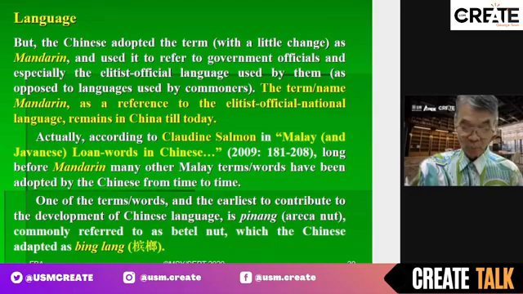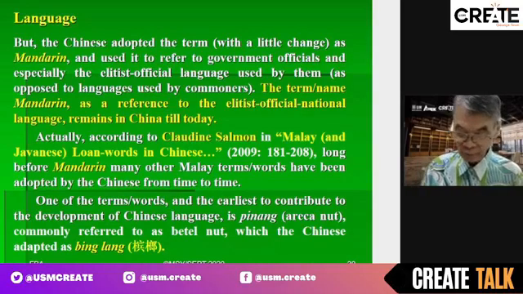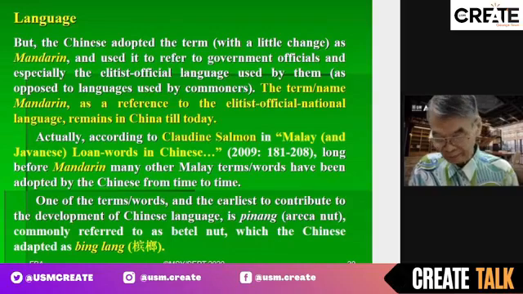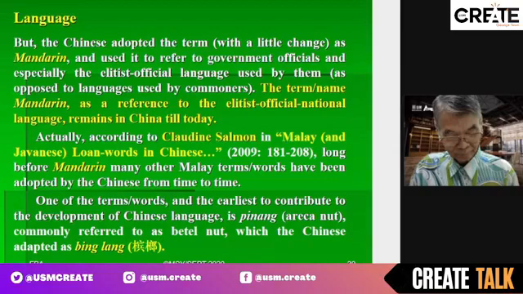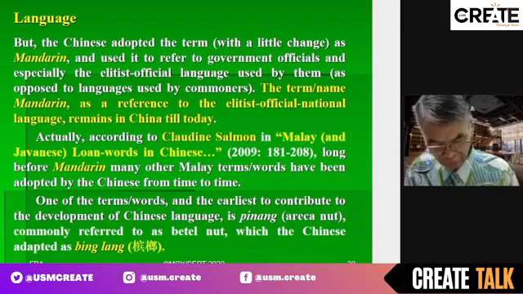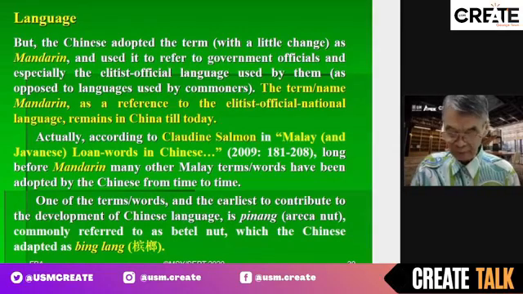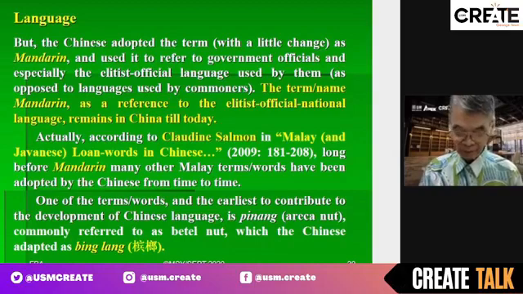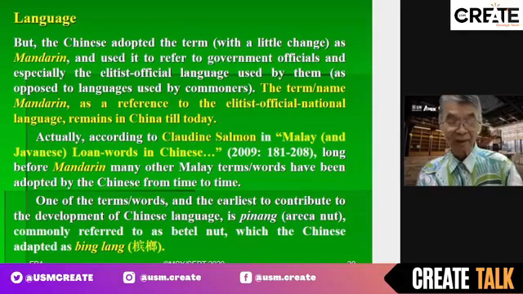One of the terms or words, and the earliest, according to him, to contribute to the development of Chinese language is Pinang, the Malay word Pinang, meaning areca nut, commonly referred to as betel nut, which the Chinese adopted as Binglang. So from Pinang becomes Binglang. I have also included the Chinese character there, Binglang.